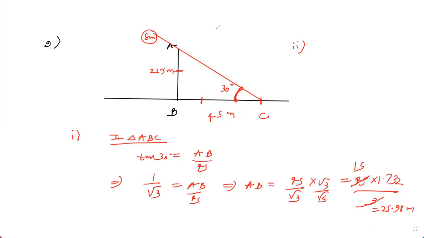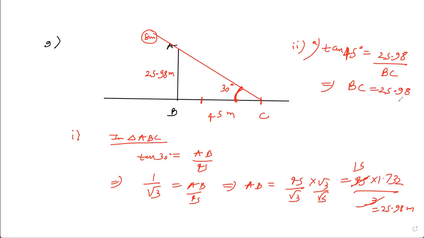So now if we know that the height is 25.98 meters, then in this triangle again, tan 30, so the first case 45, so tan 45 degree will become 25.98 divided by BC. Now tan 45 is 1, so if I cross multiply, BC will be the same value, 25.98 meters.